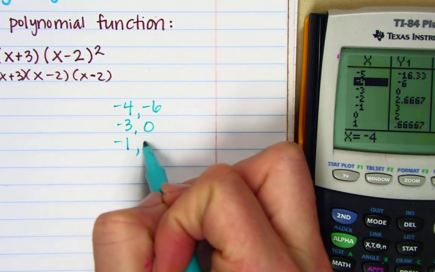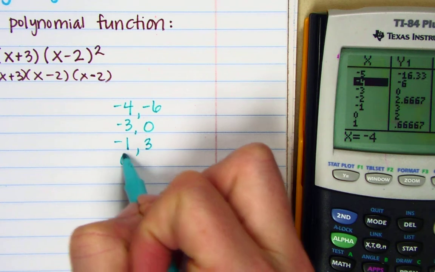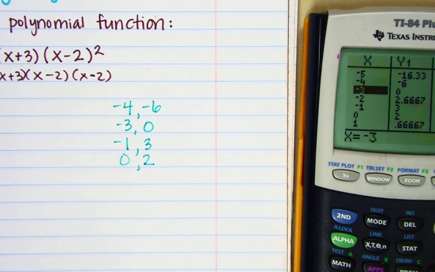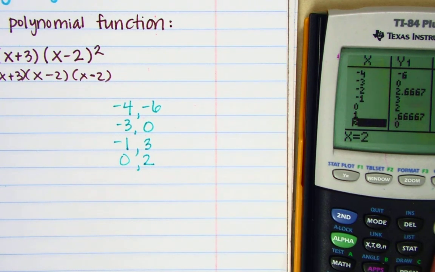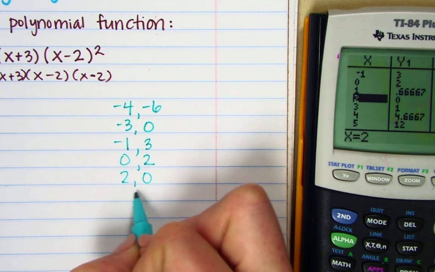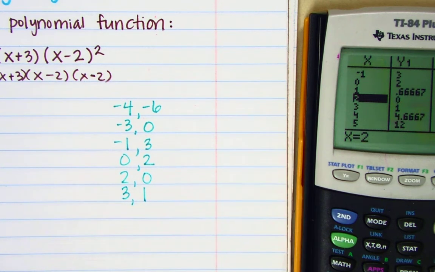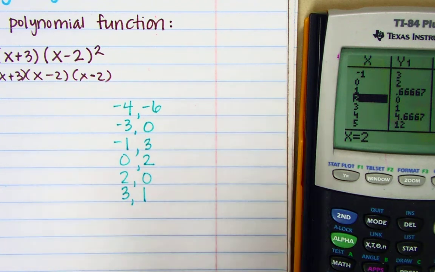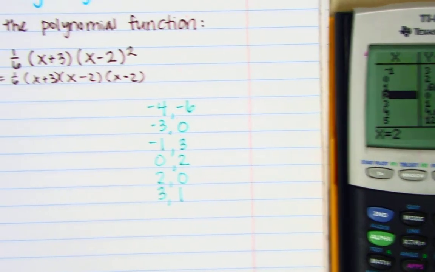Then -1, 3, 0, 2. Same thing with 1. Since that's a decimal, I'm not going to use it. And then I got 2, 0, and 3, 1. These are all points that are whole numbers, within 10 and -10, so those will be easy points to put on my graph.